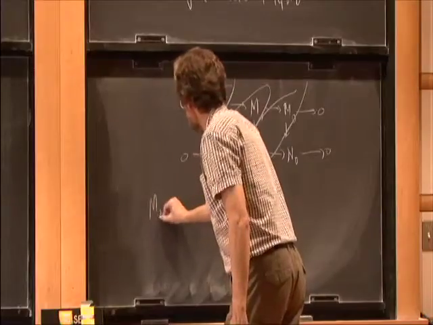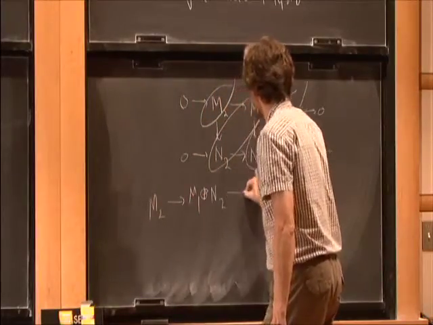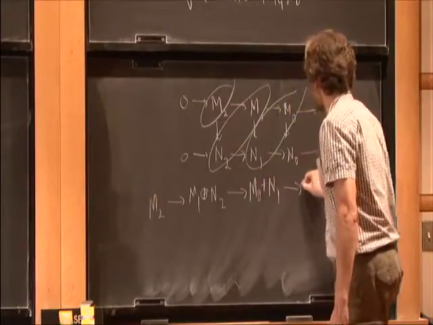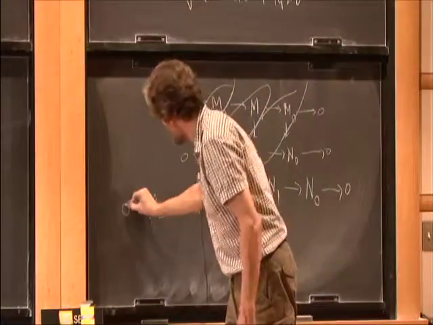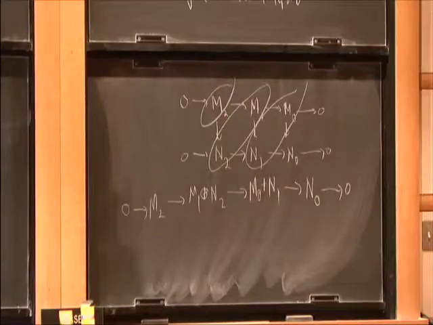So you get M2 going to M1 plus N2, going to M0 plus N1, going to N0, and now suddenly you have a chain complex of length 3. The mapping cone turns out to be important. Once you have the mapping cone, you get to use standard machinery of homological algebra.